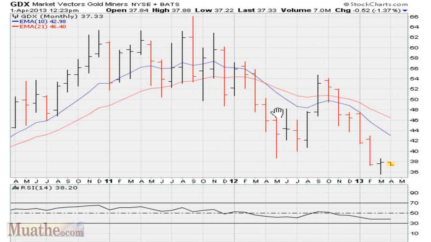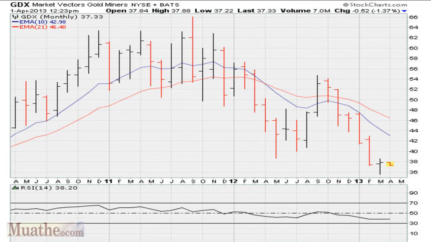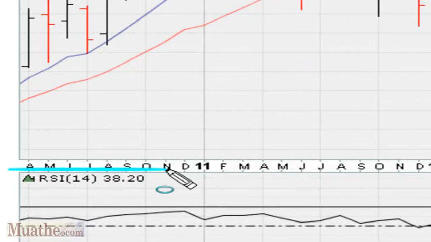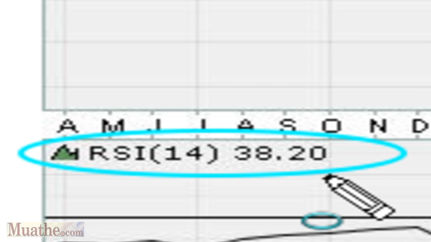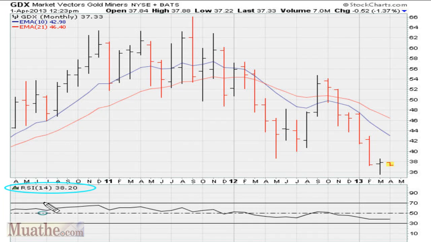Now let's take a look at another level on the monthly this time, and we're looking at a GDX monthly. What was interesting here is I'd noticed that the RSI had been exactly at 38.20, exactly at that level, and we had been playing this market short ever since it broke down, I think somewhere here.